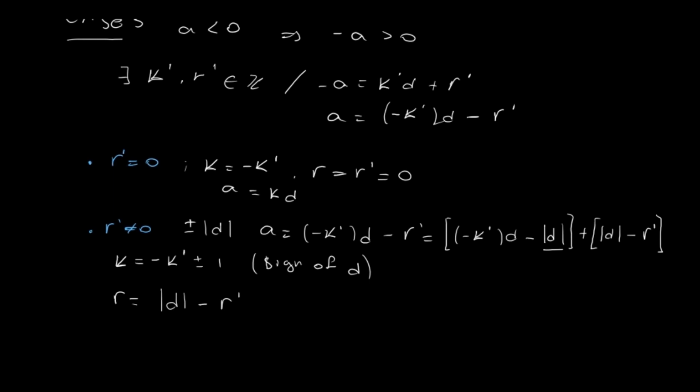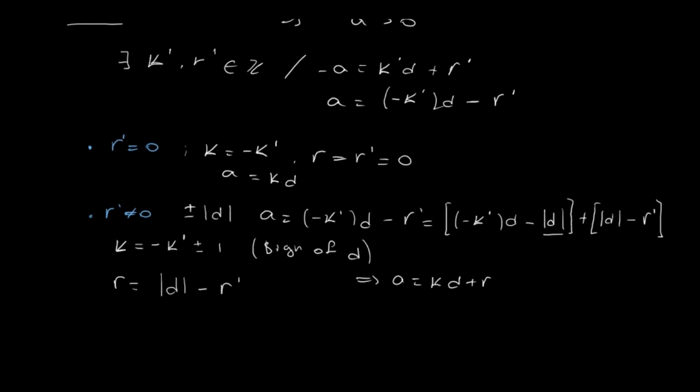Doing this will guarantee us that A can be written as k times d plus r. Now the only thing we're missing is we have to prove that this r is between 0 and the absolute value of d. Let's do that.